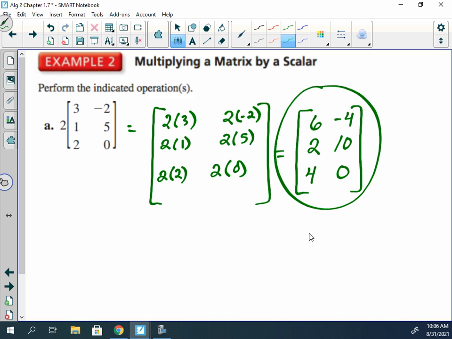Does it get any more complicated than that? I mean, we could multiply by 3/4, we could do decimals, we can do fractions, we could do any number, but the process doesn't change. We'd just be multiplying each element by that number. And you'll see with a lot of the stuff that we'll be doing, we can have it be harder, and I put harder in quotations, in that we can use weirder numbers.